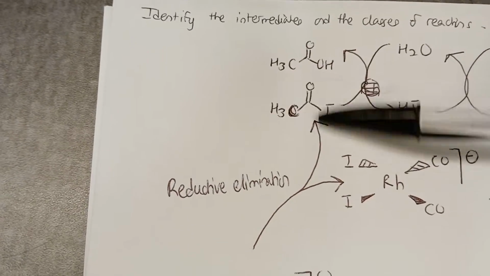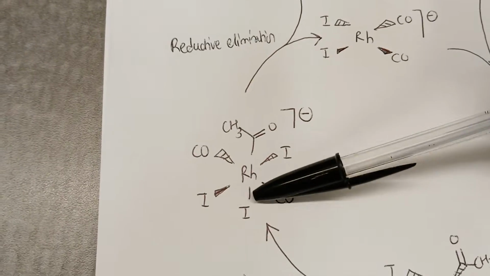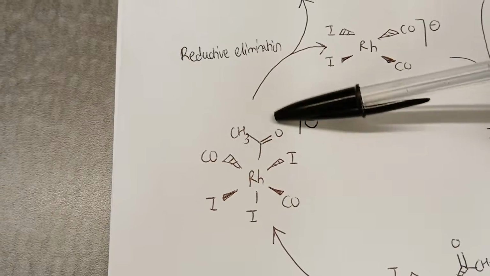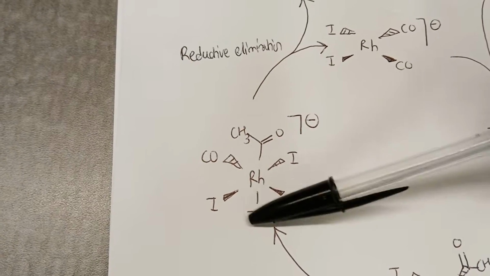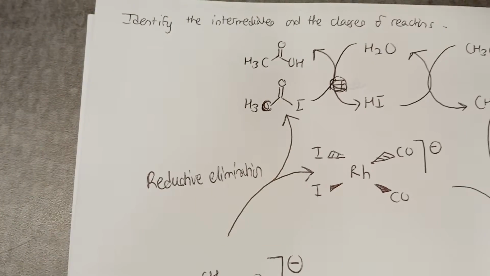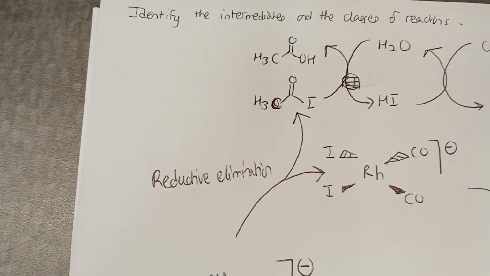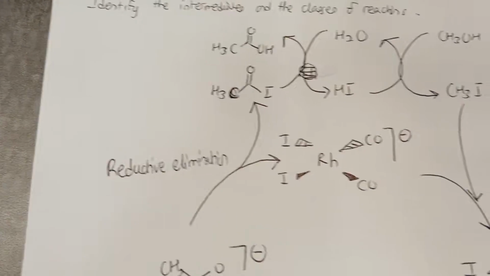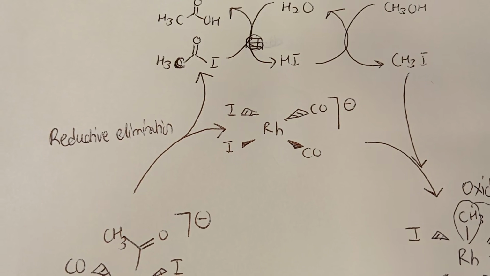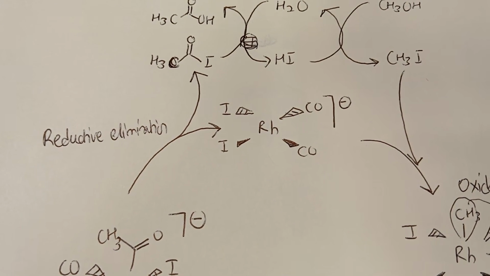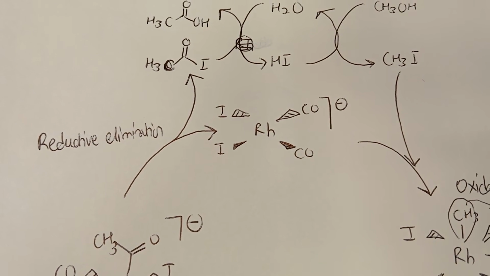And so that's what we lost from this structure. We lost this group, and we lost one of the I groups, and that's why it's referred to as a reductive elimination. And essentially, when you lose that group, you're going to regenerate your catalyst for another turnover.